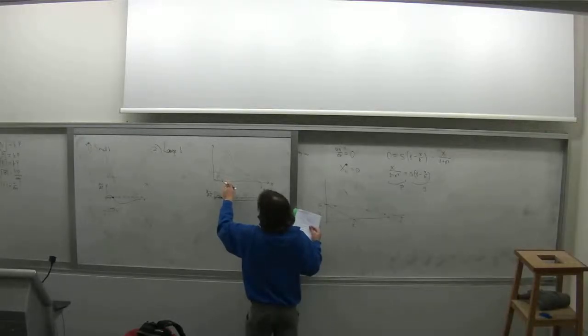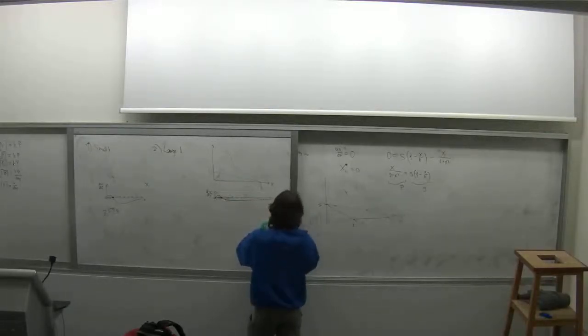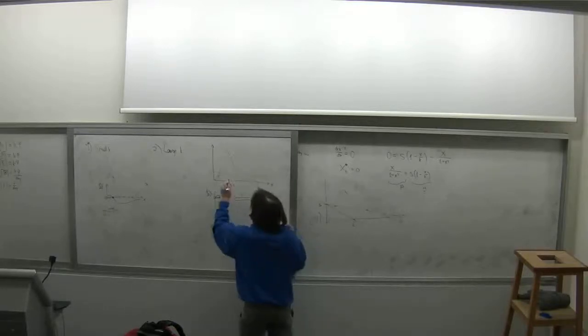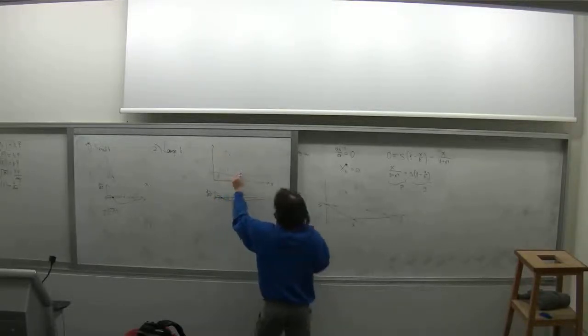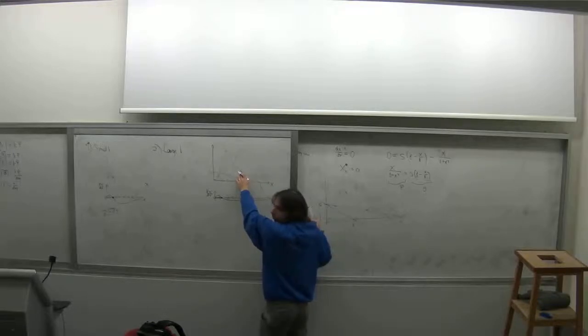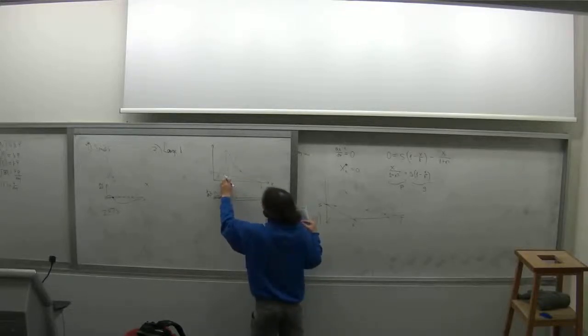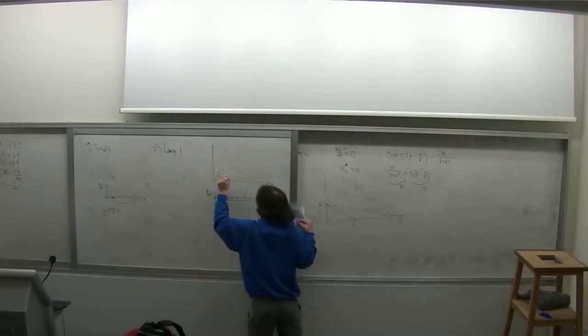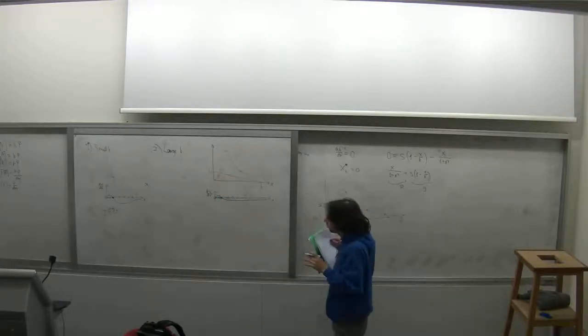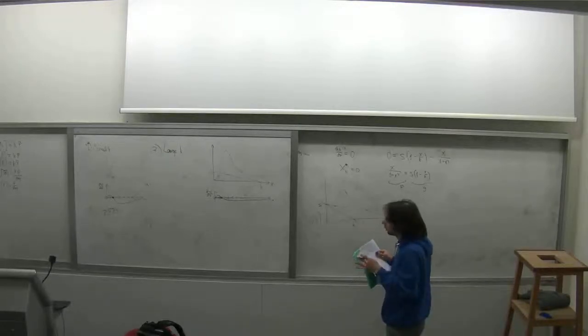No, why not? From here, you mean that I might get two intersections? No, I need the line to be tangent. The limiting case is when the line is tangent to this point here. You'll see how we get it. We get these things numerically or indirectly later.